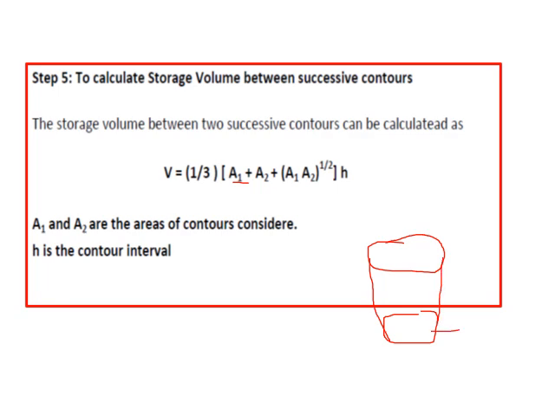For example, this is the 100 contour, this is the 101 contour, so you know the interval is 1 meter. Therefore h becomes 1 meter. A1 is this area, and A2 is this area. The volume between these two contours is got by this particular formula, which is shown in the next calculation.